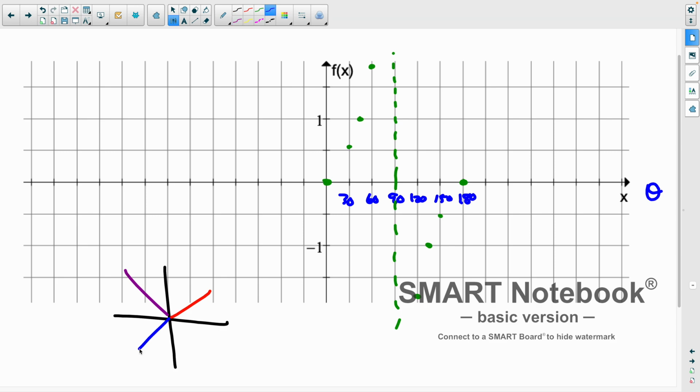Back to positive again. So all these are going to get repeated over here. This one's going to be 0.577, the next one's going to be 1, the next one is going to be 1.73, and then at 270, I'll have another vertical asymptote.